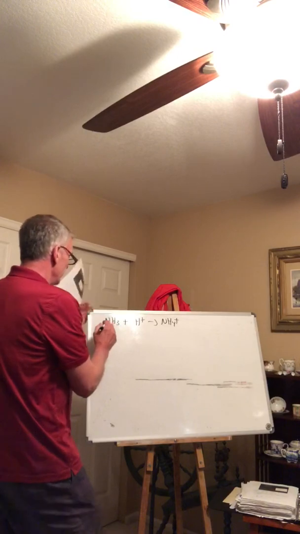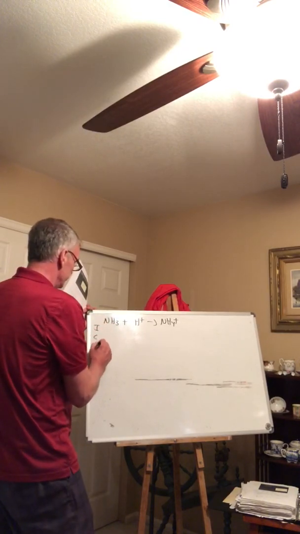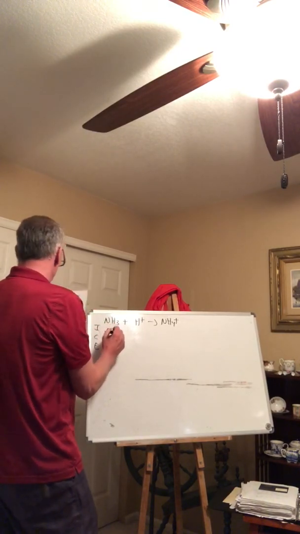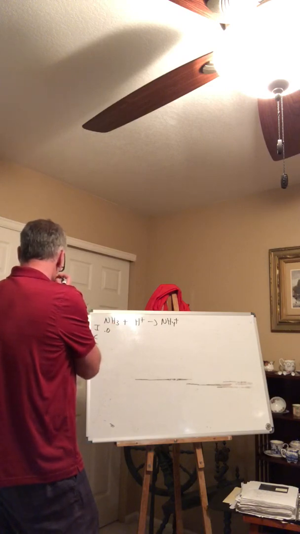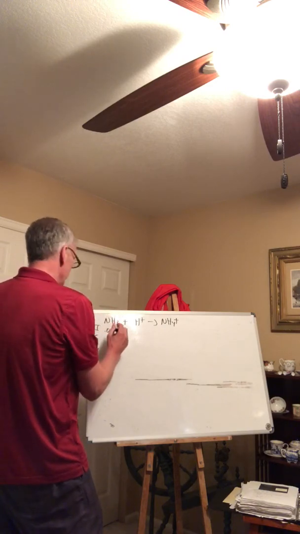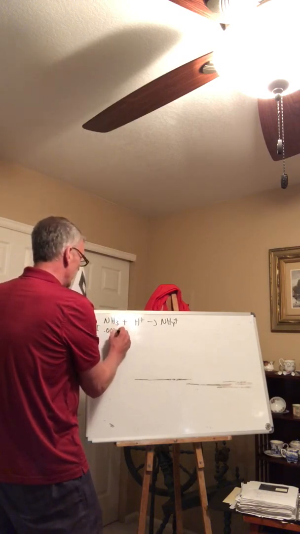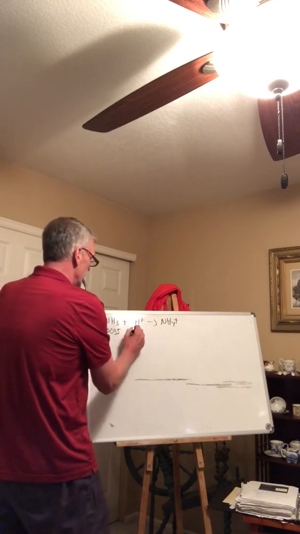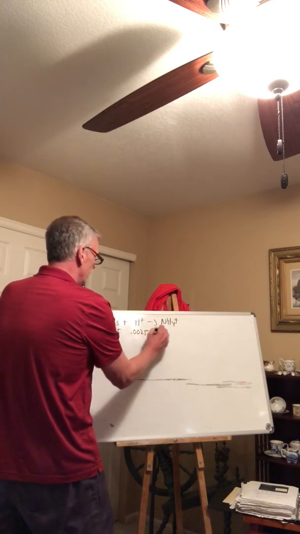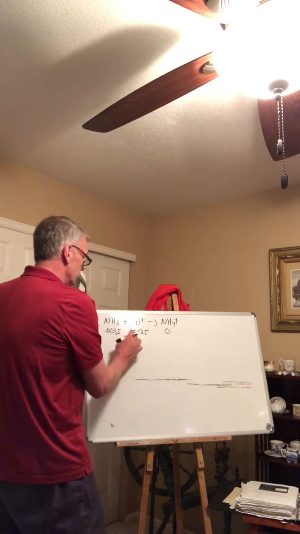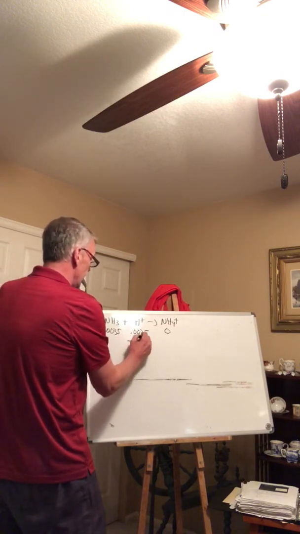Okay, and this time in my ice table, I have 0.0035. So this time I have excess ammonia, 0.0025, and 0. So this is limiting. So this time the H is gone.